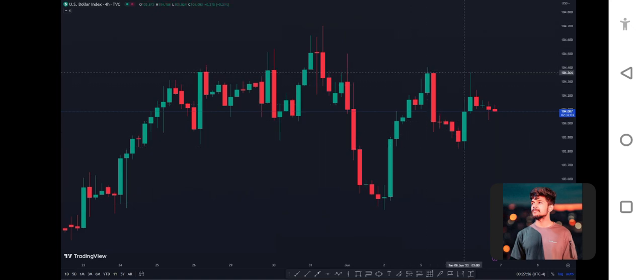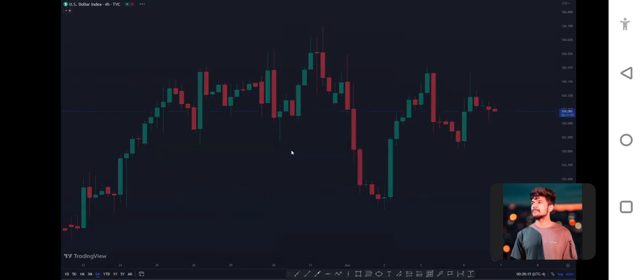We rallied, we got a rejection from the rejection block of the 4 hour time frame. Now, I personally don't think that this low should be violated.